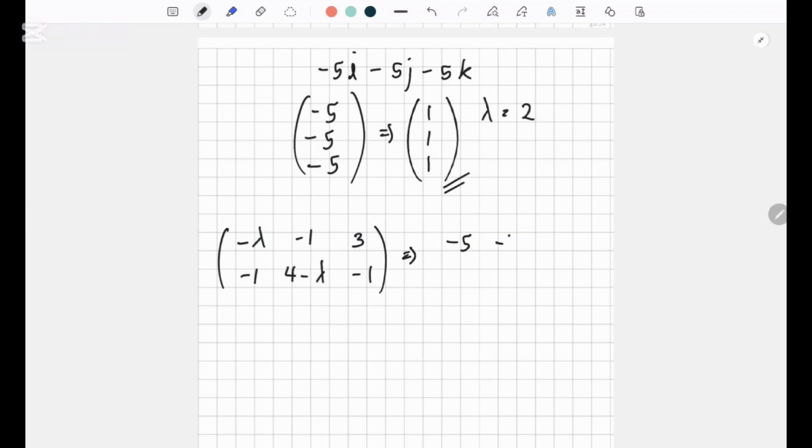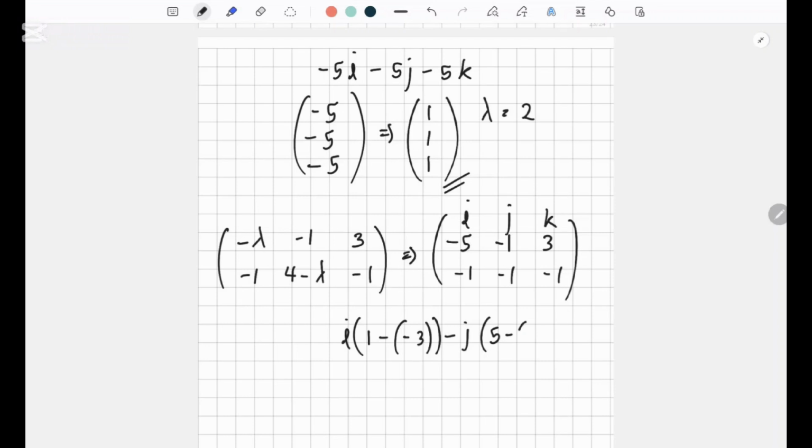So it's minus 5, minus 1, 3, minus 1, 4 minus 5 is minus 1, minus 1, with i, j, k. i into 1 minus 3, minus j into 5 minus 3, plus k into 5 minus 1.